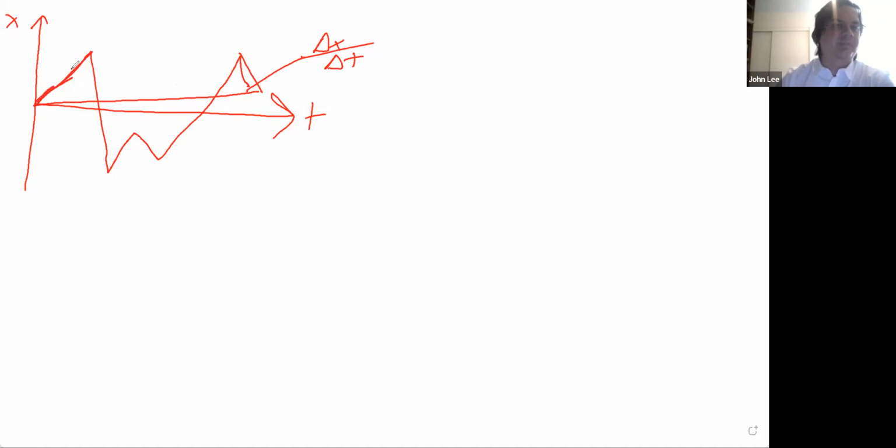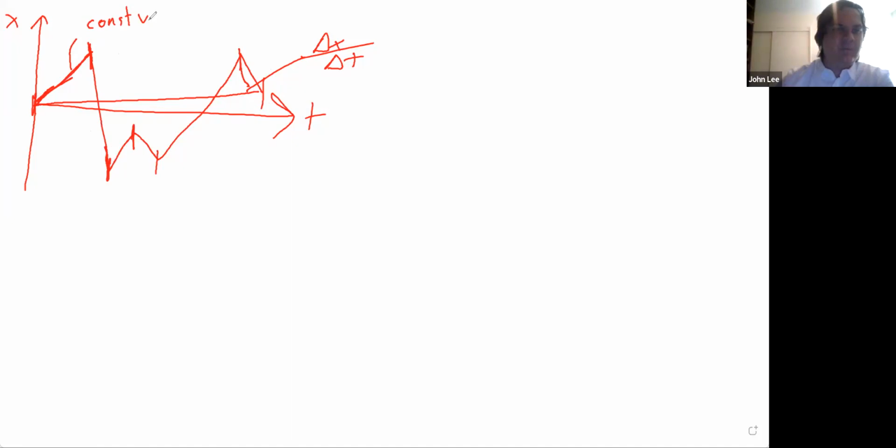But each line segment is going to have a slope. And because the line segments have constant slope, that means the velocity is constant over the course of this, from this point to this point, or from this point to this point, and so on.